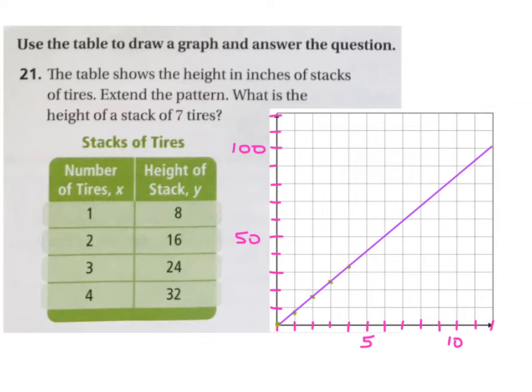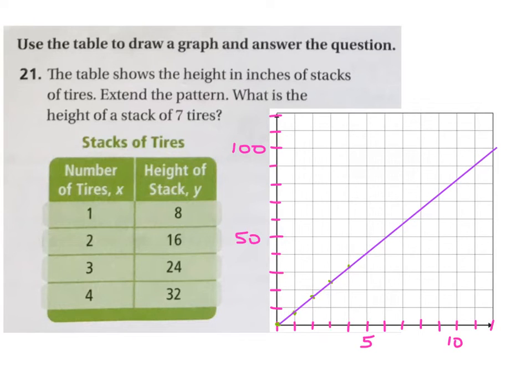And let me see if I can make a prediction now about 7. If the stack is 8 units high per tire, then let's follow it over to 7 tires and go up and see what it says. Let me see, hold on a second.